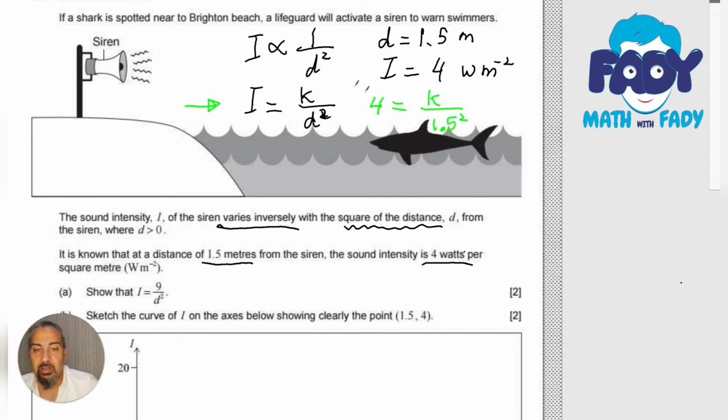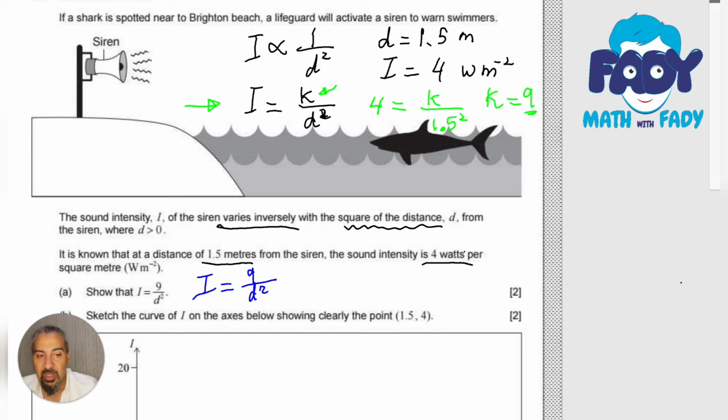Now we can cross multiply: 4 times 1.5 squared, we get k equals 9. After finding k equals 9, we substitute it back here, and then we get I equals 9 over d squared. So this is part A.